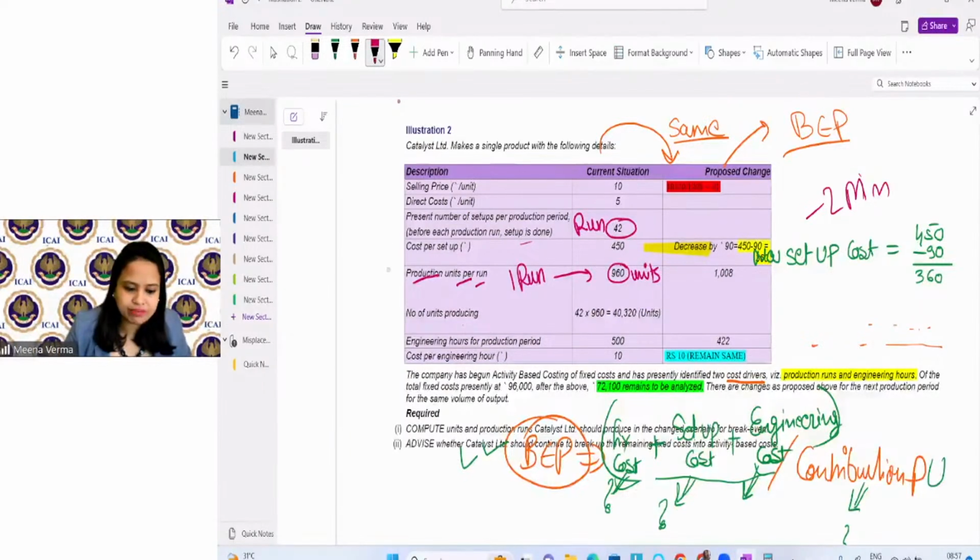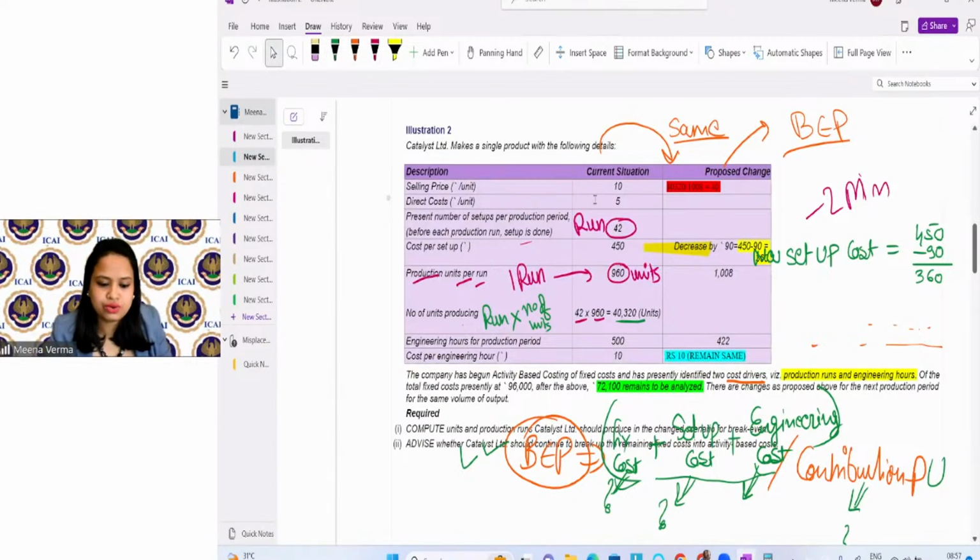If you multiply how many times you are running the machine into the number of units, this will give you the number of units that we are producing here. So we know in both cases, 40320 is the number of units that we are producing.